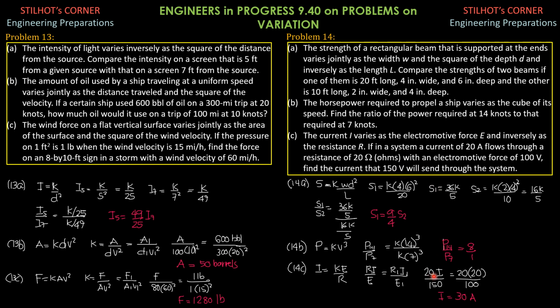The resistance is still 20 ohms. Then this is the current in question divided by E, which is 150 volts. Then in the initial situation, we have 20 ohms as resistance, then I is 20 amperes divided by 100 volts. Solving for I, it is 30 amperes.